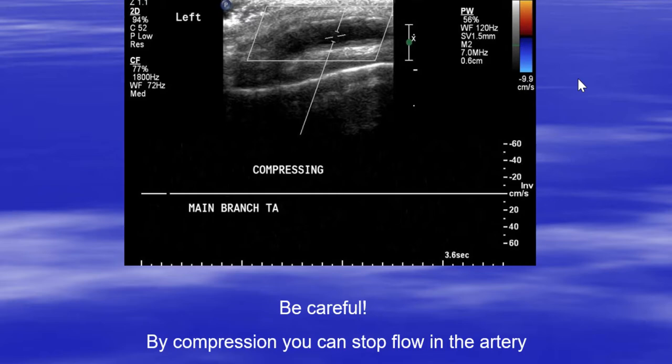Even though it's an artery, it's so close to the surface, if you're pushing a little bit too hard, you can actually make the flow go away and make it look like there's no flow there. And this is the same patient, and I actually deliberately did this to show that I could make the flow stop by pushing too hard on the vessel.